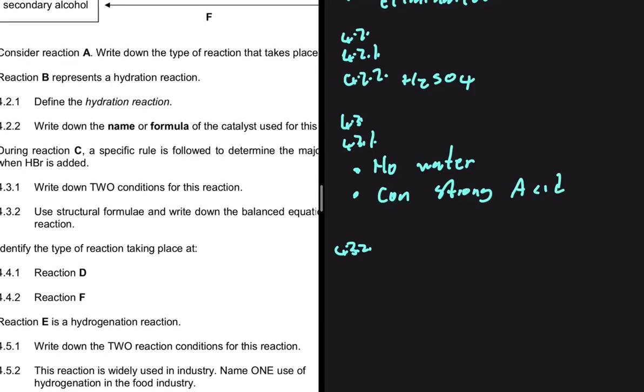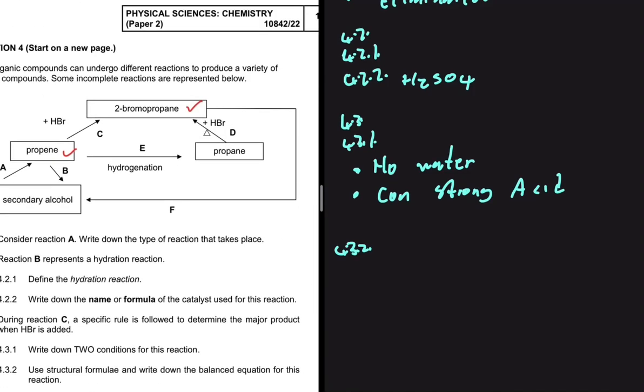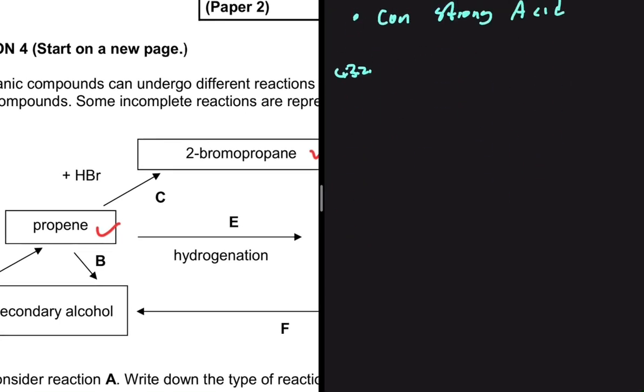4.3.2, use structural formula and write down the balanced equation for this reaction. So propene plus HBr. Let's go ahead and do that. So we're going to have 1, 2, 3 carbons, right? Now we just need to add our hydrogens, plus HBr to give us something.